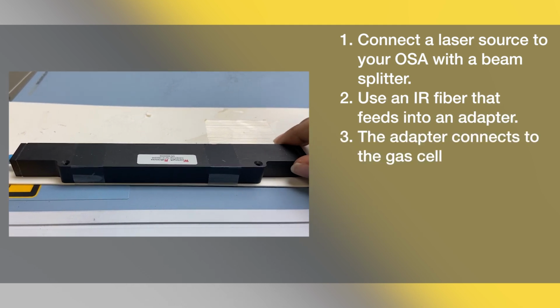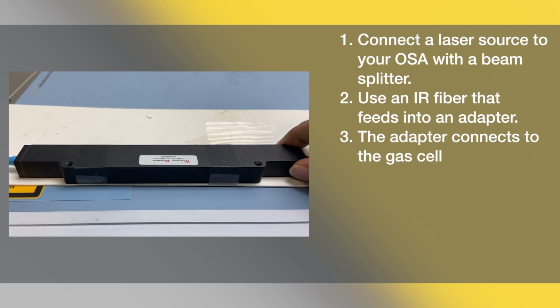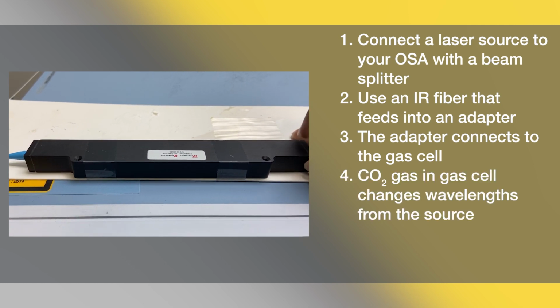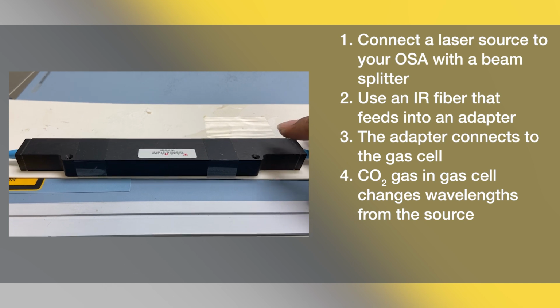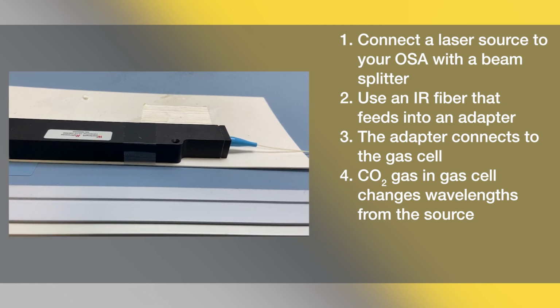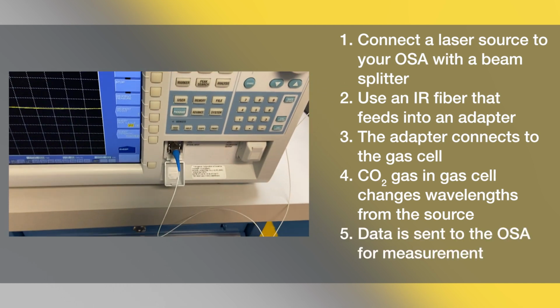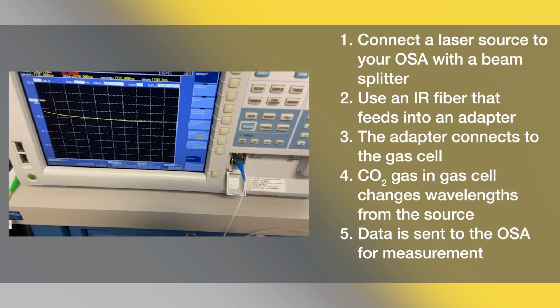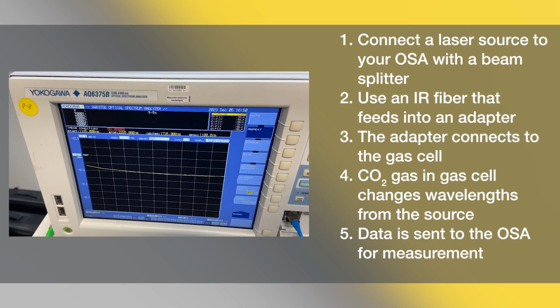So the gas cell has a CO2 gas inside it, and that's what helps change the wavelengths from the source. So then that is fed into the OSA where we can measure.